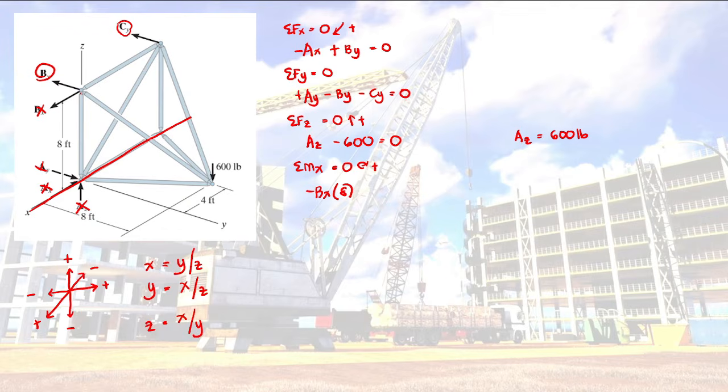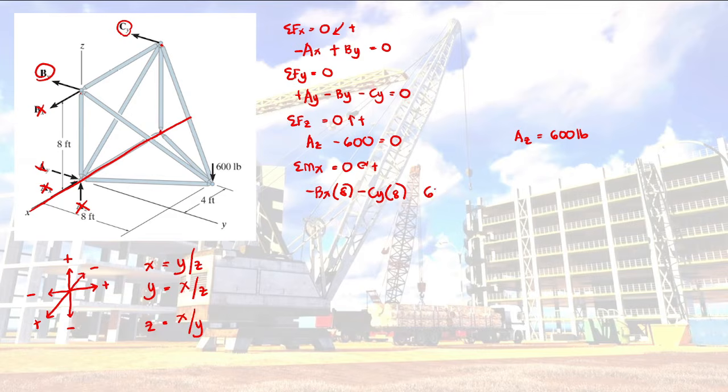Then we also have the CY. So ang CY natin, our rotation is also like that. So that is counterclockwise. So that is also negative CY times what is our moment arm? So here to here, that is also 8 feet. So 8. Then what else? What would rotate? So the 600 also, kasi nasa Z to, forces at Z.